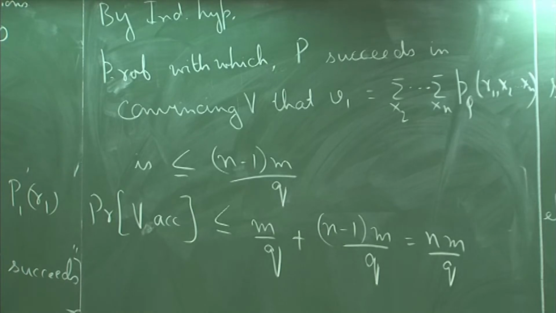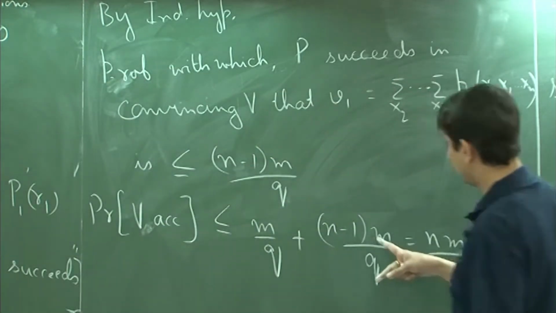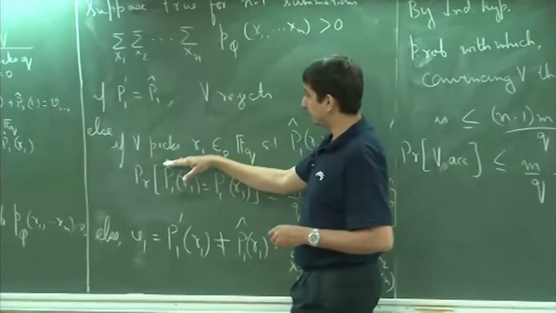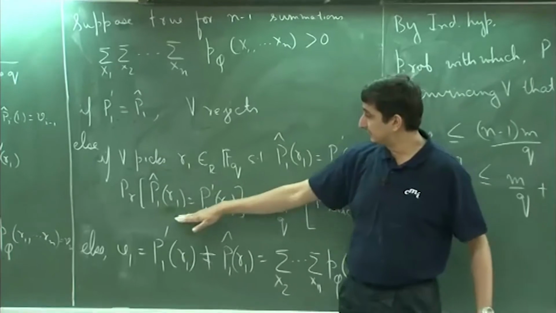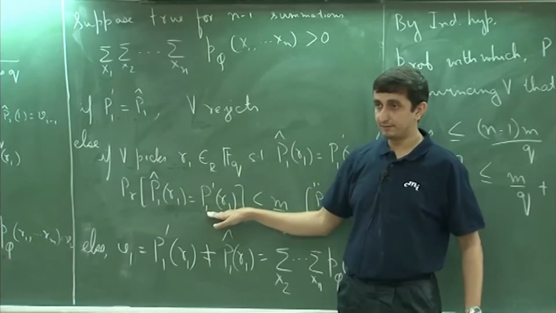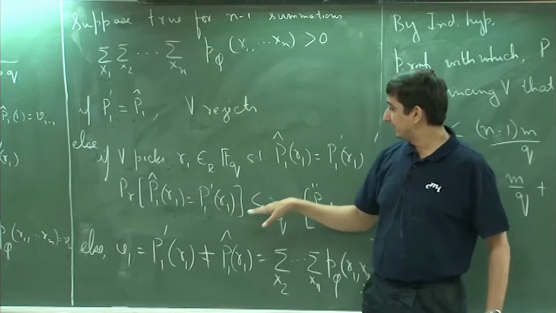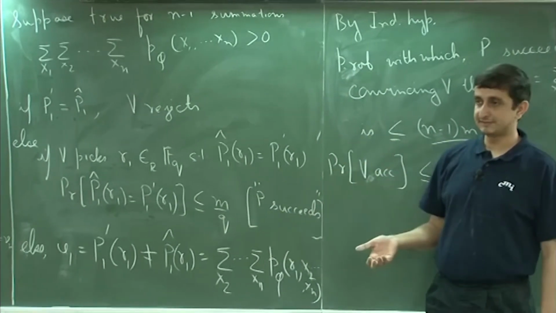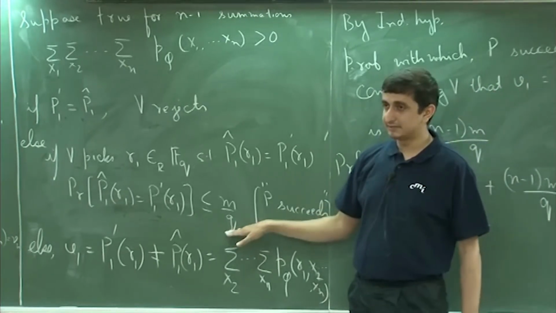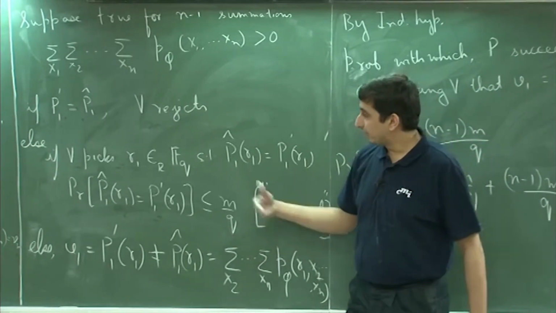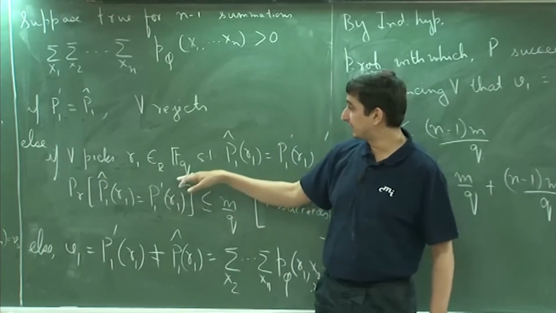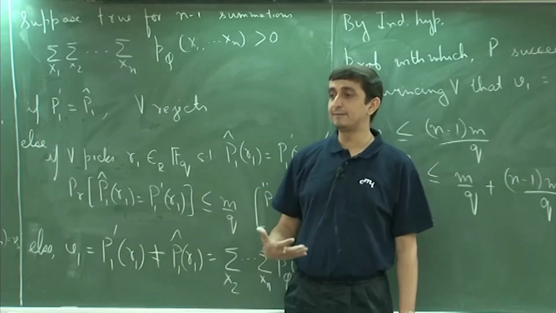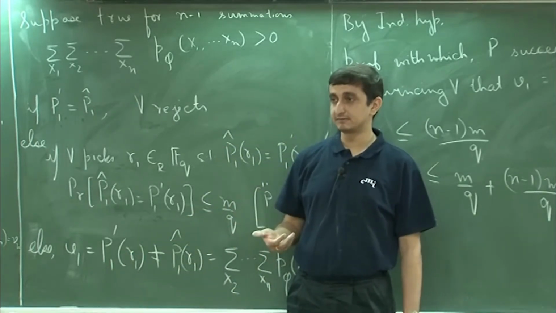Yeah, which part? Oh, because these are the two things that can happen, right. Either V picks a point on which these two polynomials agree. If they agree on that point, then the prover actually succeeds and goes on to the next level anyway, and the probability of this happening is at most m by q. On the other hand, if he picks a point on which they do not agree, then the prover is left with an incorrect claim to prove in the successive iterations.